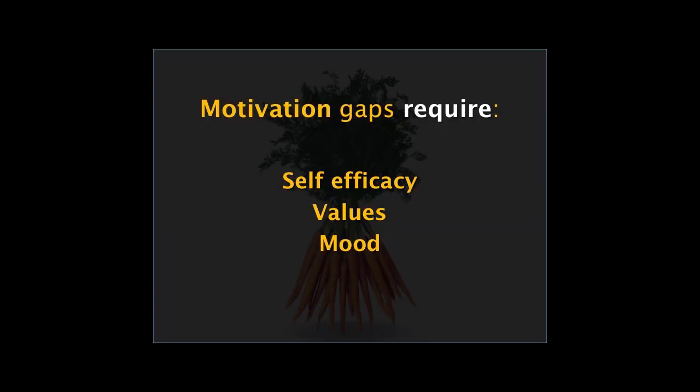Okay, now we want to address motivation solutions. And motivation solutions most often require what we call the big three. People need to build their confidence. They need to have greater self-efficacy with respect to achieving their stakeholder goal. They certainly need to value the goal, because if they don't value it, they won't choose to pursue it.